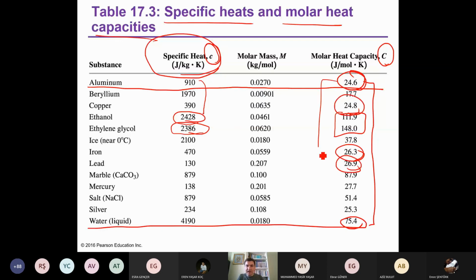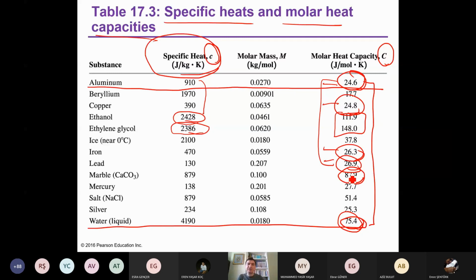Metals usually have more or less the same magnitude of molar heat capacity, let's say. And here we have water, which is quite different. We have marble here, quite different. And here we have ethanol, which has quite different molar heat capacity. And these properties are very important in industrial applications.